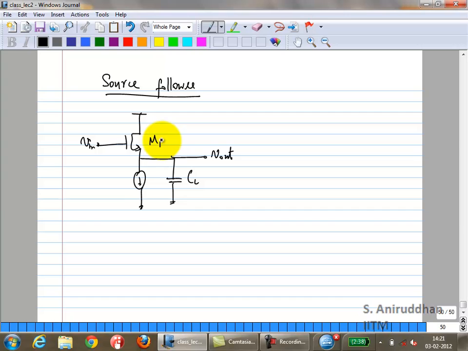What is the impedance looking here? So why don't you tell me, what is the impedance at this point? That is the conductance, right? So GM plus GMBS. Okay, what is the total capacitance at that node? CGS plus C source to bulk plus CL.